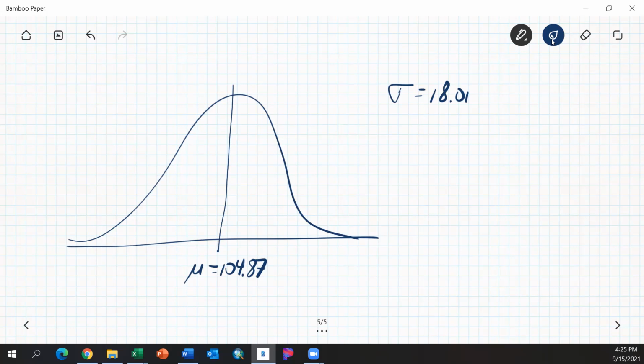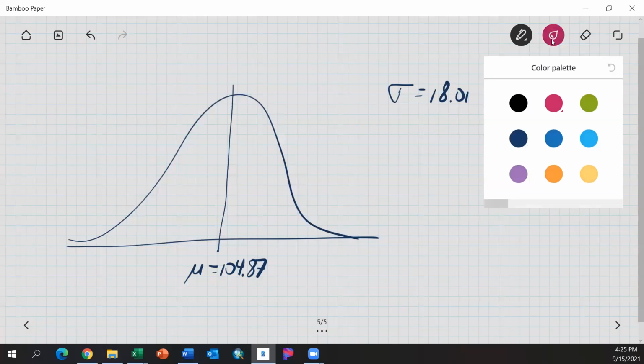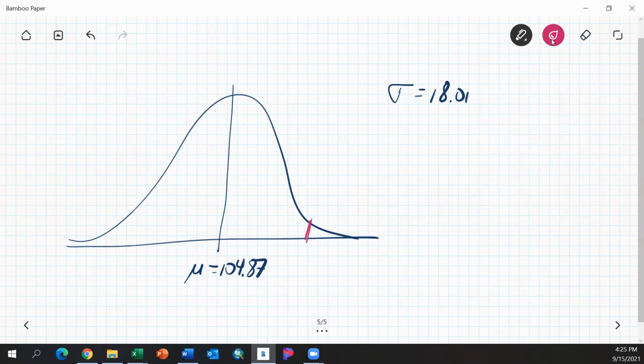We want to find the probability of drawing a state that is higher than 145.6, the value of California. The 145.6 value needs to be to the right of the mean value, 104.87, but we are guessing how far to the right it is.